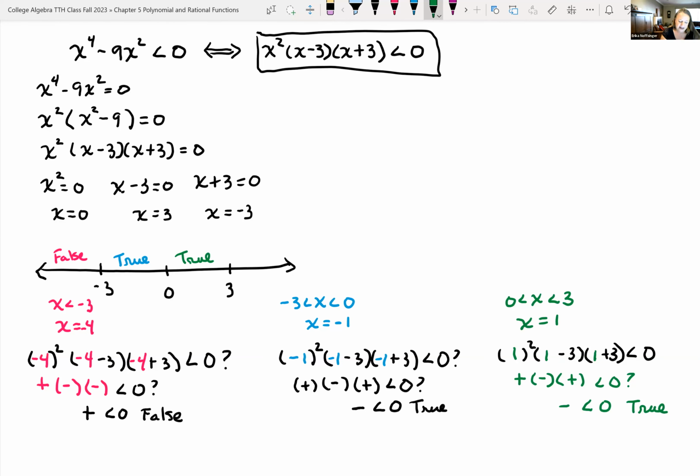Choosing a number that is greater than 3. So let's look at x greater than 3. So x equals 4 is a number greater than 3. So if we square 4, and then we do 4 minus 3, all times 4 plus 3, is that less than 0?